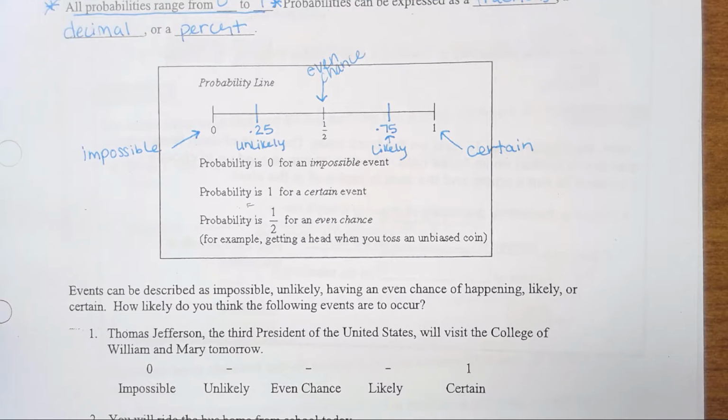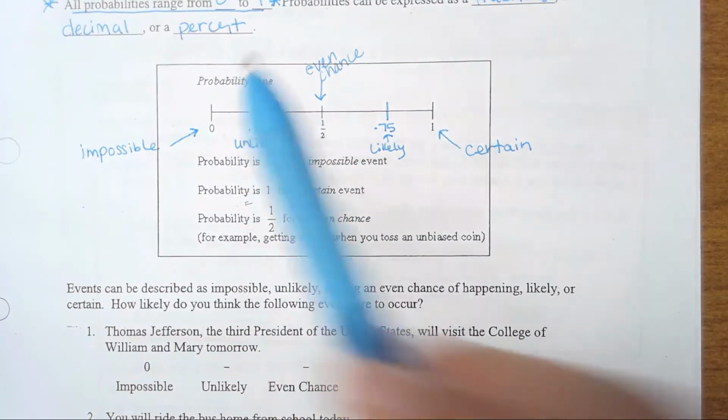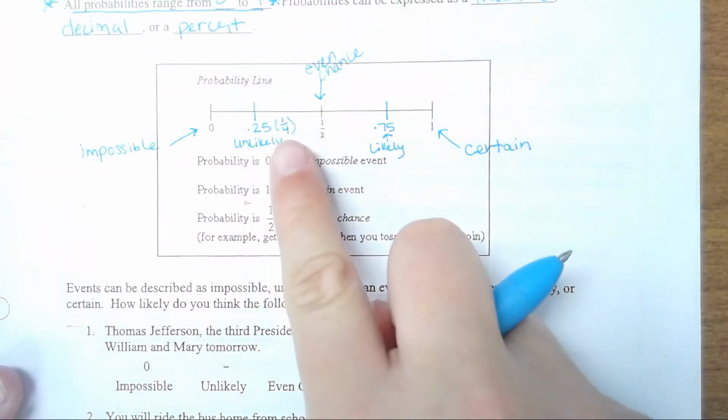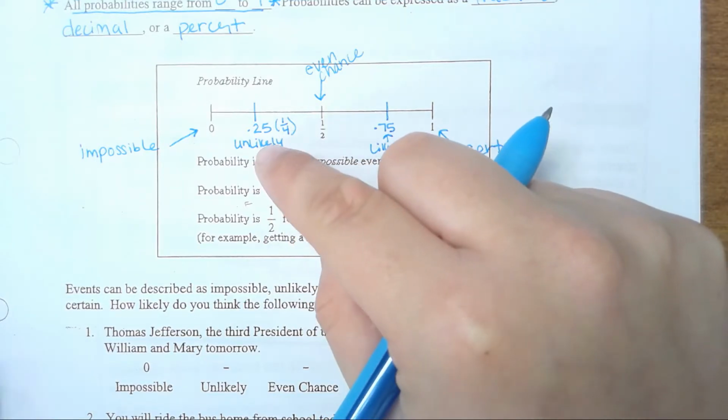Then as you work your way up, 0.25, or in other words, 1/4. If you have a probability of 1/4 or 0.25, that means it's unlikely to happen.